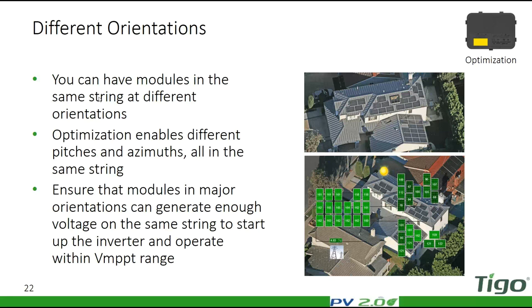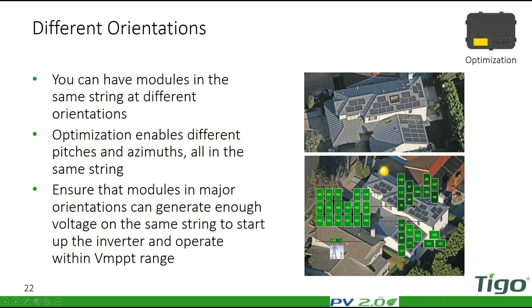So if you have a system, let's look at the picture at the top. Let's ignore this part. If we only had these ones, the panels on the top. So the 3 panels here, if everything here is on the same string, when the sun is coming from this direction will probably not be enough to turn on the inverter very early in the morning.